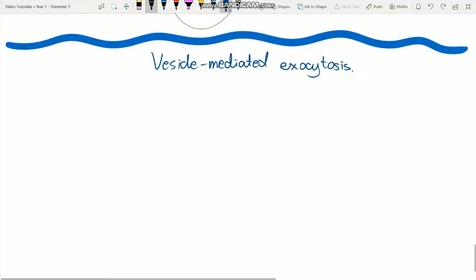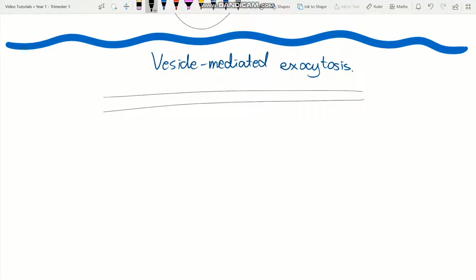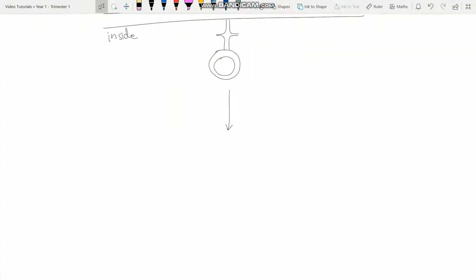So if this is the lipid bilayer of the cell, and this is the inside, there is a particular receptor that is present, and the vesicle that contains the particular substance that has to be taken out through exocytosis contains complementary receptors on itself in order to allow for the fusion of the vesicle with the plasma membrane.